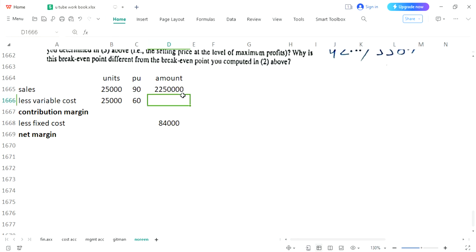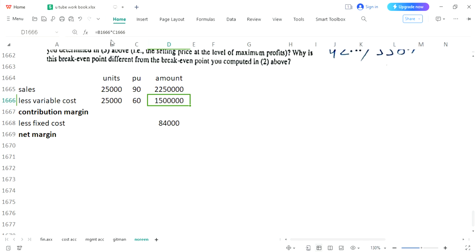We have got the amount of sales. Then we calculate variable cost, again a product of units and per unit: units are 25,000 and variable cost per unit is 60. In this way you have calculated your variable cost.